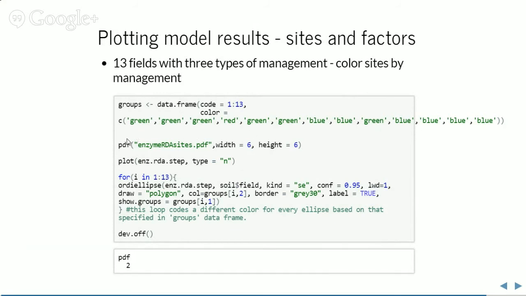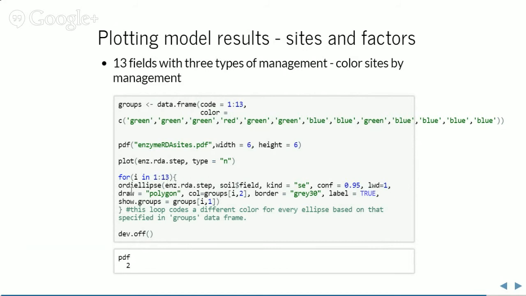We're going to open up our new PDF. We're going to, again, do just a blank plot. And then we're going to have to do a loop where we call RDA ellipse 13 different times. So we've got a loop, and we're going to run it from 1 through 13.